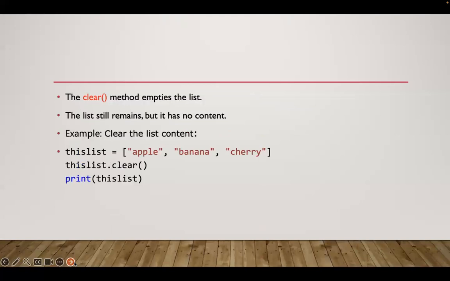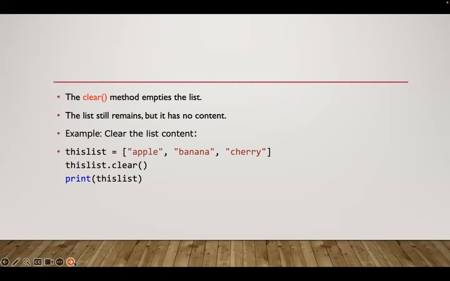Sometimes, let's say you have a list that you want to update. You want to make sure the list is empty and you want to have another set of values in the list. So you just use clear. The clear keyword will remove everything you have in the list.